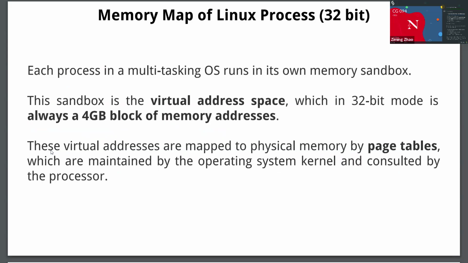Memory map of a Linux process. This is also a topic that is constantly changing, but what we're talking about here is historical. When we talk about address space layout randomization, you will realize things have changed. So basically, each process in this system has its own virtual memory. That's basically what you asked before, right?